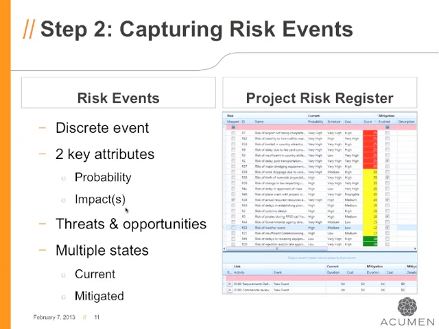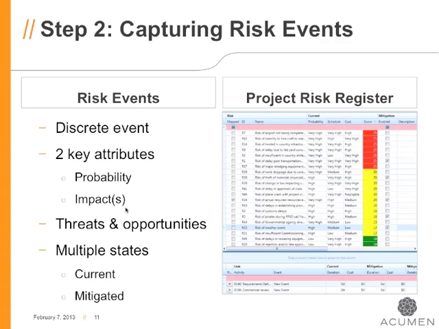Now, when people think of risk registers, I think for the most part they associate risk registers with risk events in the form of threats. I would strongly advocate tracking both positive risk as well as negative risk. In other words, track the potential good things that can happen in the form of opportunity. In a risk register, I would also advocate that you should track multiple states.